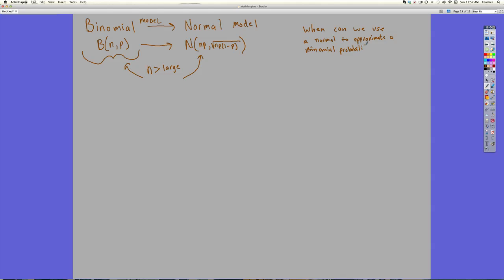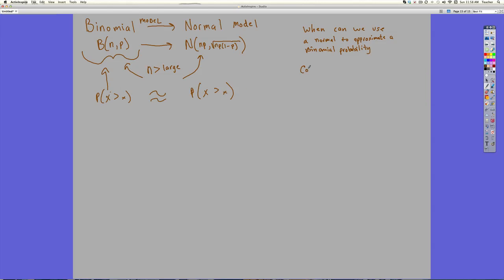Just by that sentence alone, that tells you that when n gets to a certain size, then the probability of x from a binomial, or the probability of x given a certain range, so the probability that x is greater than something, will be very similar to the probability that x is greater than the random variable here. They'll be very similar. Okay, so when can that happen?